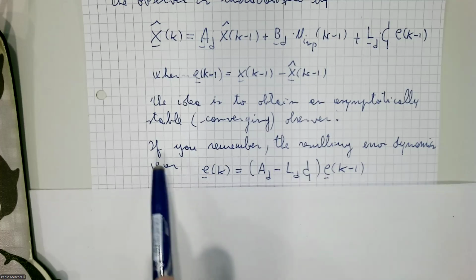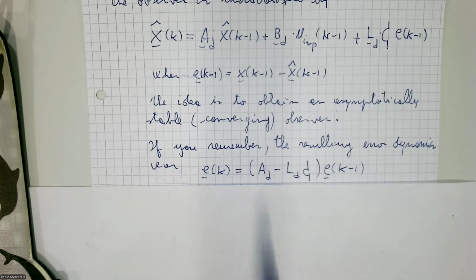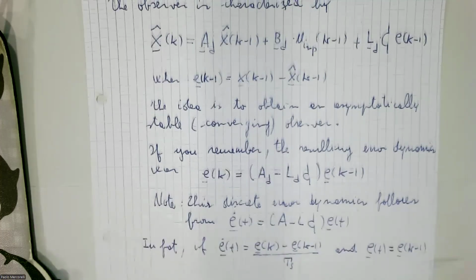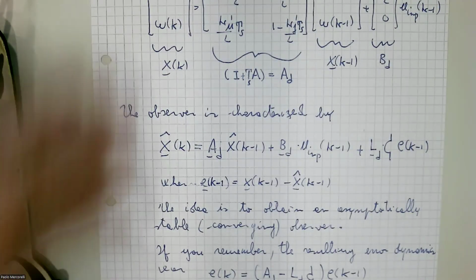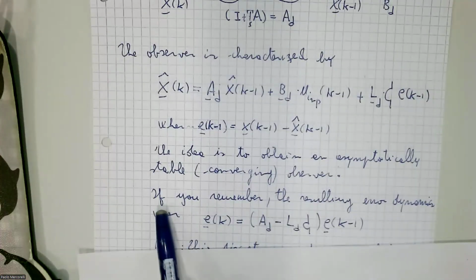Probably here is written, if you remember, because this slide came from another course. Let me see if I will be able to clarify a little bit better. Otherwise, I will open shortly a couple of slides in order to justify why I'm writing this here.